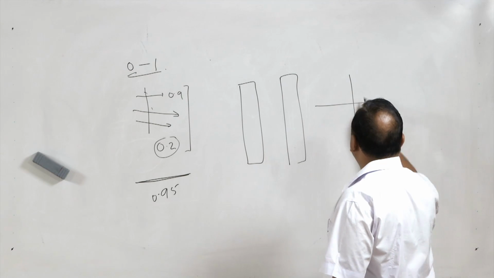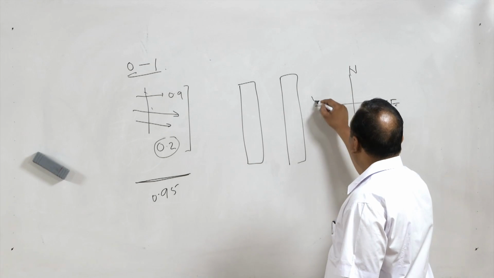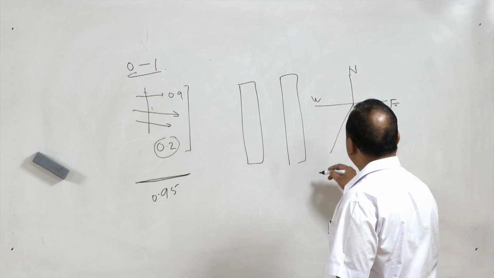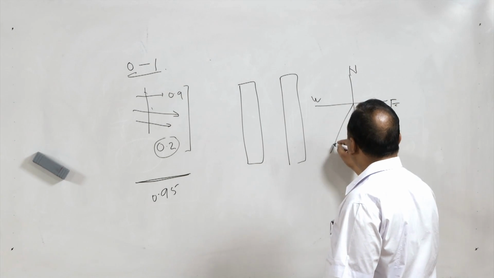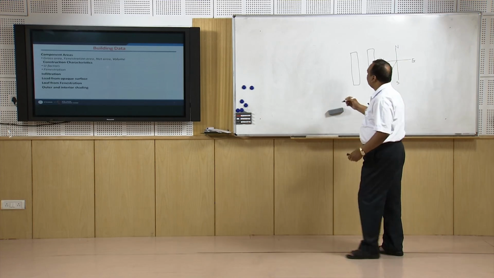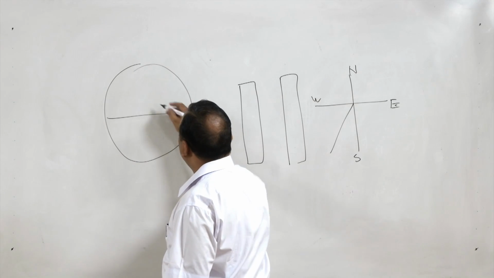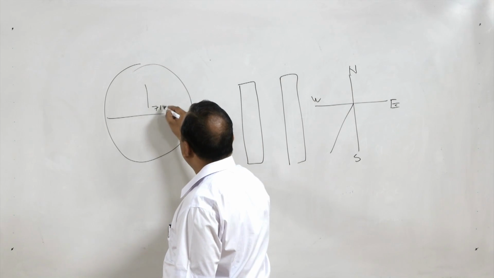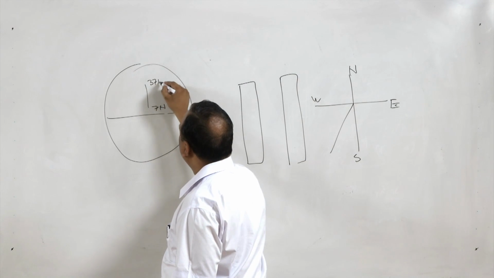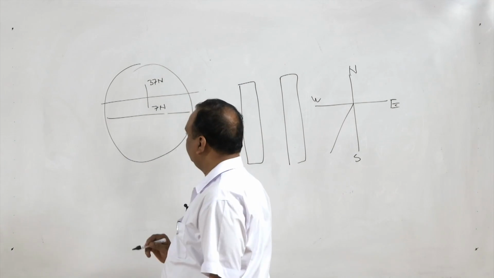Further, we should remember that among north, south, east, west, the maximum load on the building comes on the southwest side. If you look at the location of India on a globe, it is in the northern hemisphere, spreading from 7 north to 37 north, and the Tropic of Cancer passes through India.